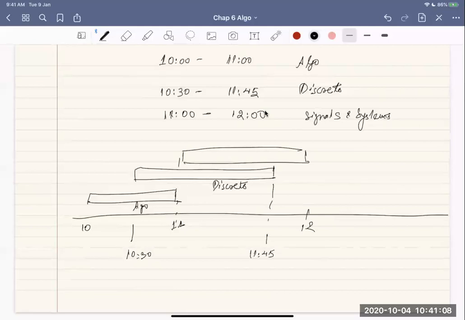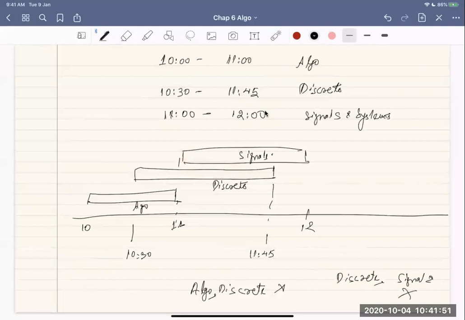Of course I cannot run algo and discrete together. So algo and discrete cannot go together. Similarly, discrete and signals and systems cannot go together, because there is a time period in which they overlap. So discrete and signals and systems cannot go together.